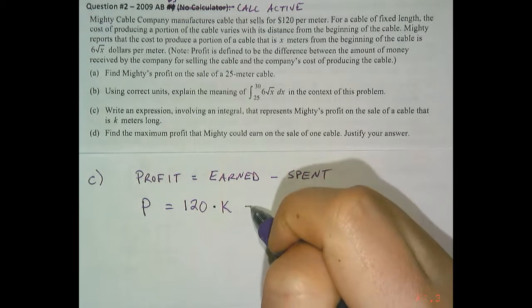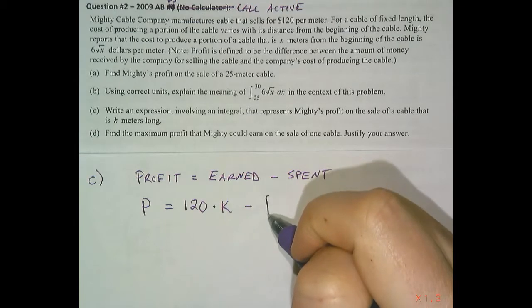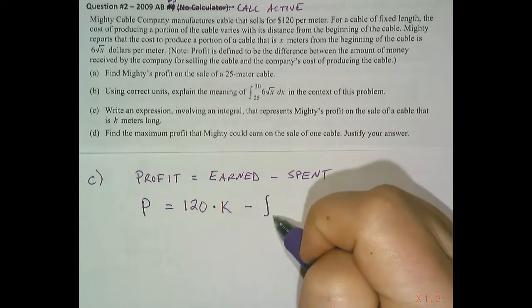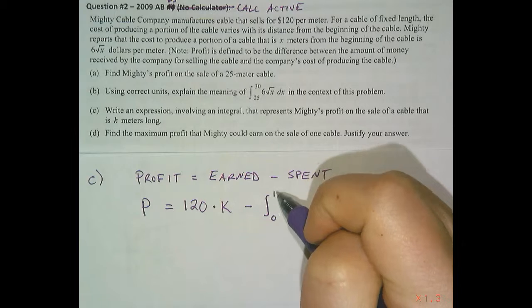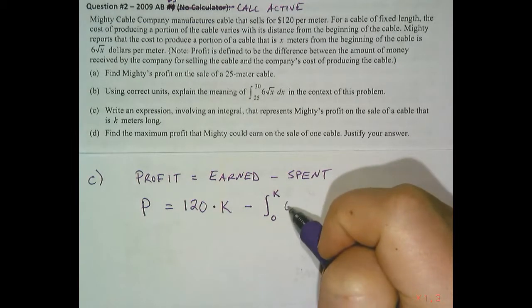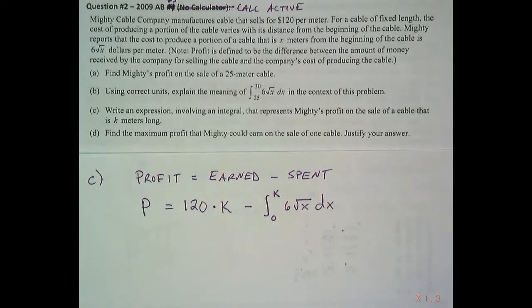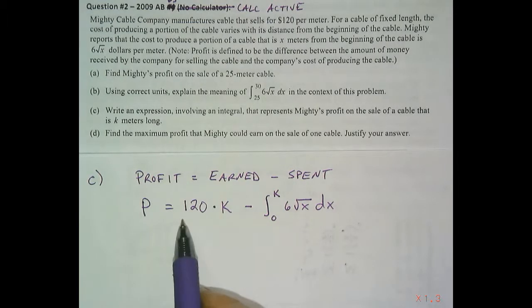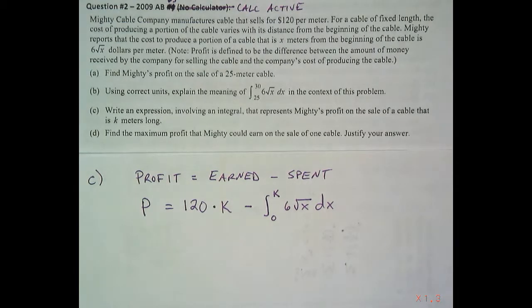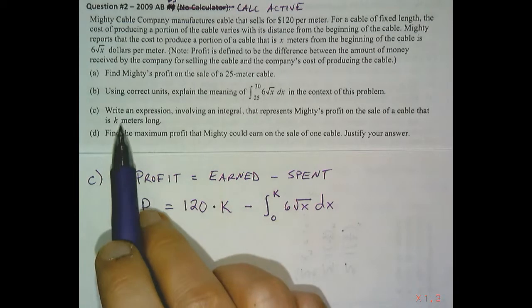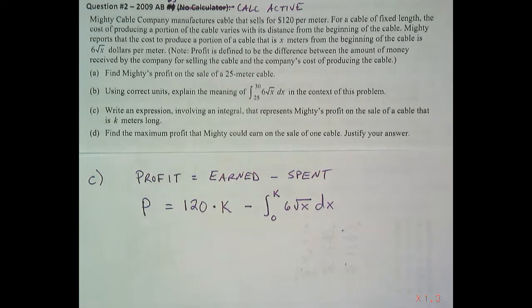And then our spent is the accumulation from 0 to the amount we produced of our rate function. So we had already established this relationship in part A. It's coming back in part C. Part C is worth 2 points.